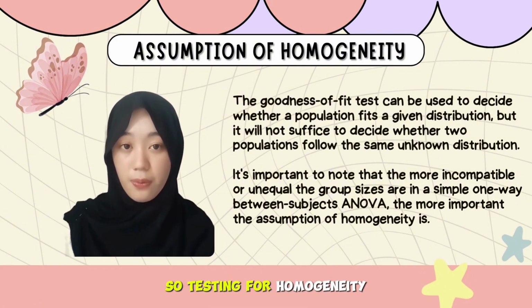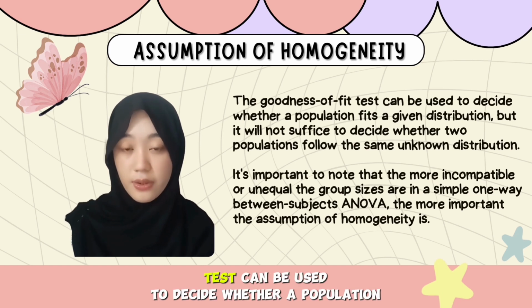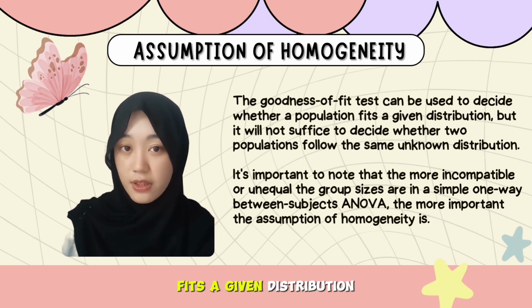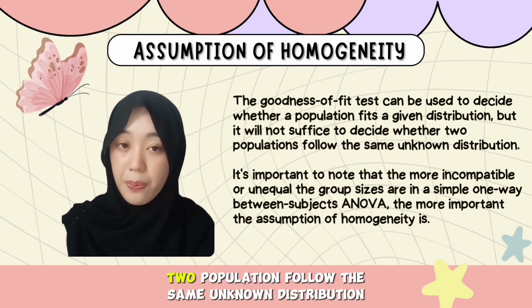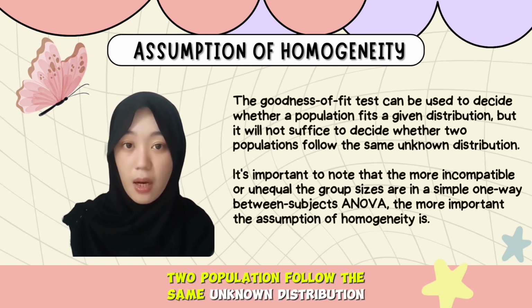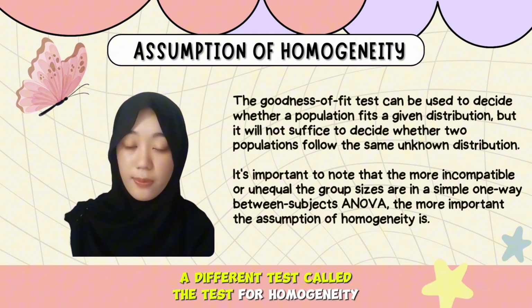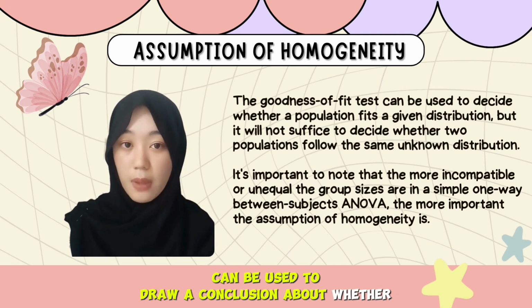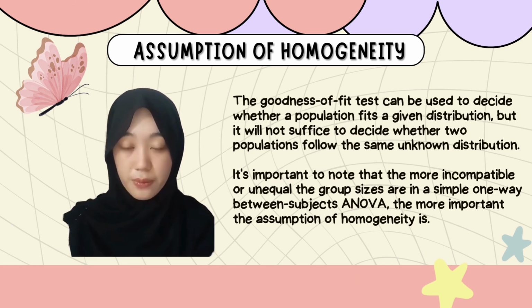So, testing for homogeneity. The goodness of fit test can be used to decide whether a population fits a given distribution, but it will not suffice to decide whether two populations follow the same unknown distribution. A different test called the test for homogeneity can be used to draw a conclusion about whether two populations have the same distribution.